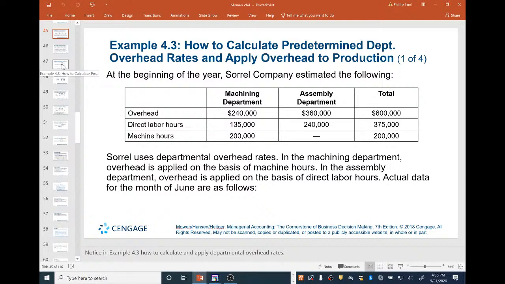Well, that's the total one. We're looking at just the machine one now. Remember, I said it was based upon machine hours. So what do you think that would be?